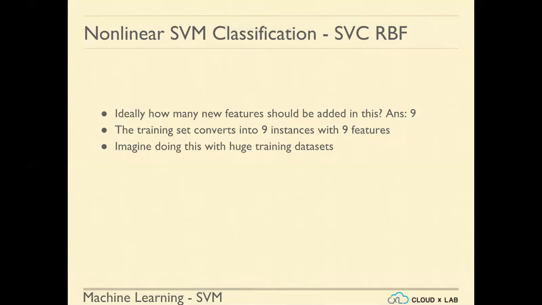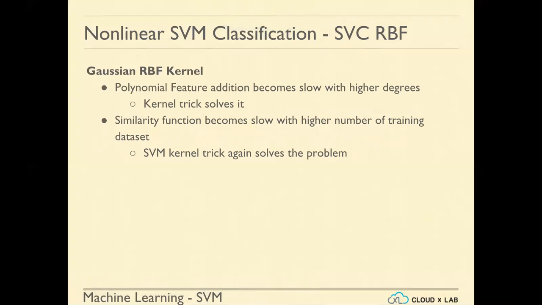Now imagine doing this with huge training sets. If we have a huge training set, it is going to consume a lot of memory as well as a lot of CPU cycles. This is where nonlinear SVM classification comes into play with something called the Gaussian RBF kernel, similar to the kernel trick we had earlier.